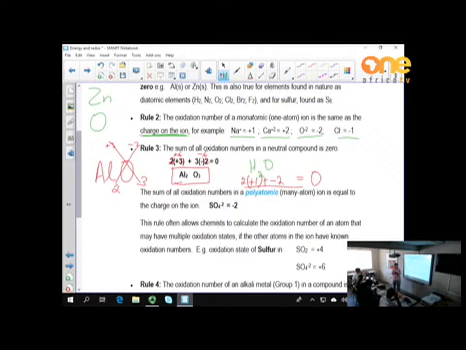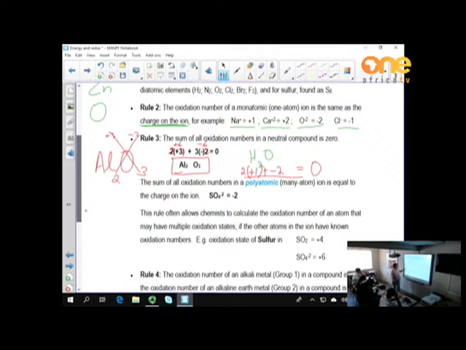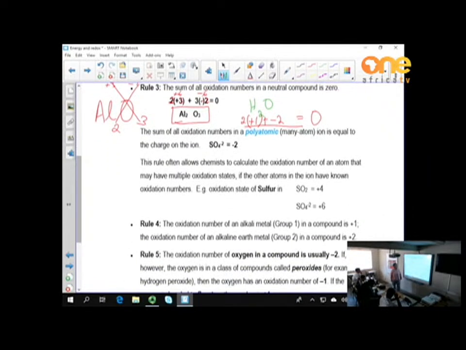Now it becomes more complicated when we have a look at the polyatomic ions. What are polyatomic ions? Ions with more than 1 atom, something like sulfate, carbonate, hydroxide, phosphate, nitrate.